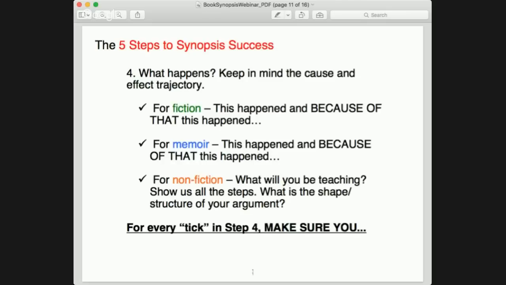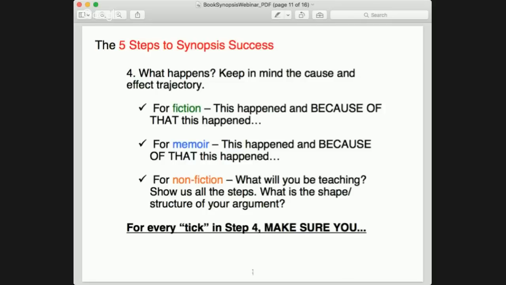What results in a good synopsis is this cause and effect trajectory, keeping in mind this chain of events and picking out just the major things that we need to know how we got from the beginning to the end.